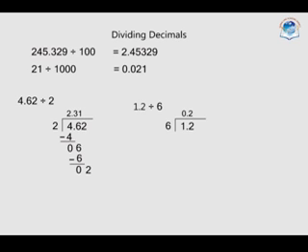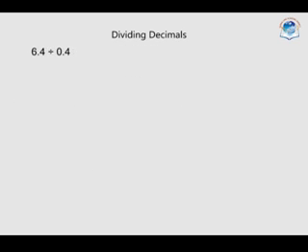In order to divide a decimal by a decimal, the divisor must first be changed to a whole number. We've already seen that multiplying decimals by multiples of 10 moves the decimal point to the right. Consider the operation 6.4 divided by 0.4. This can also be written as 6.4 over 0.4.